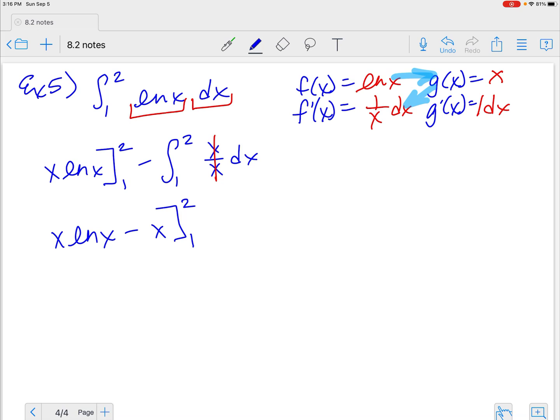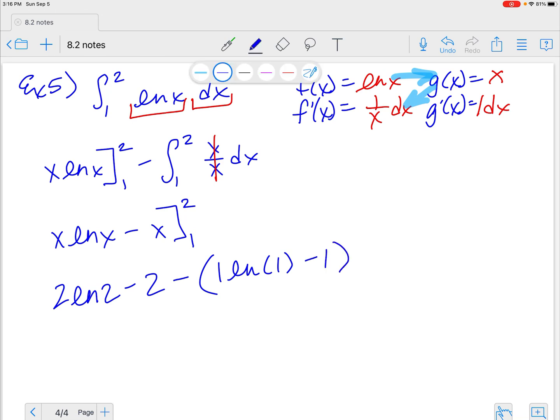All right, do your fundamental theorem of calculus all at once, but you still need this notation here. Then, once you do everything, you'll take that fundamental theorem of calculus all at one time. So 2 natural log of 2 minus 2, minus 1 natural log of 1 minus 1. You remember?